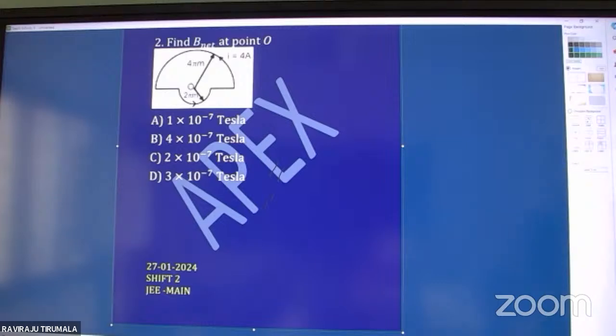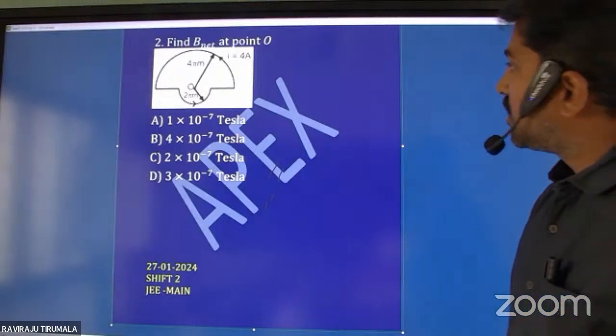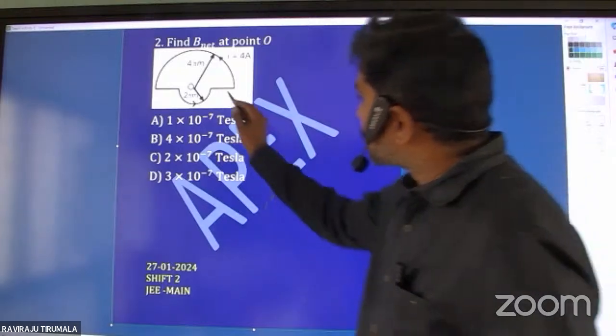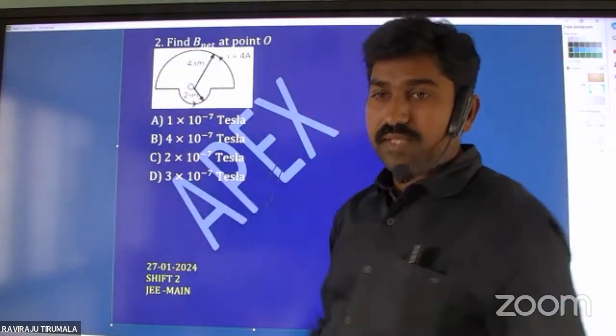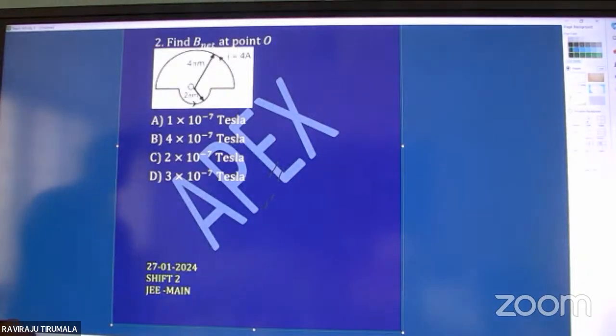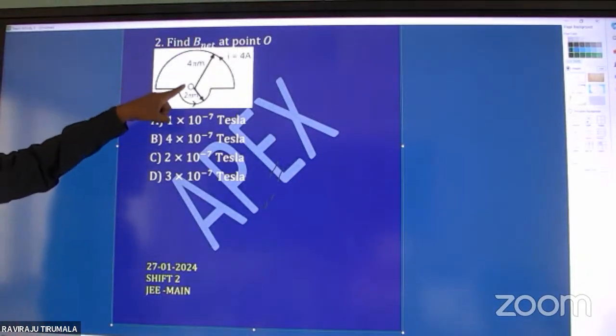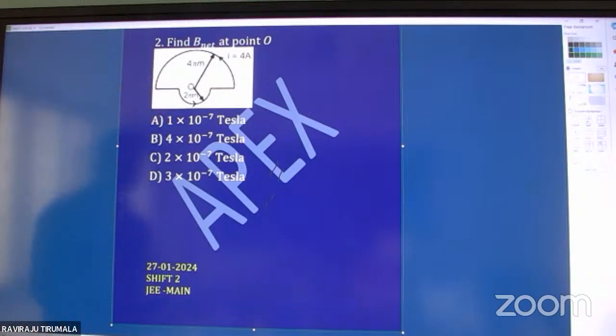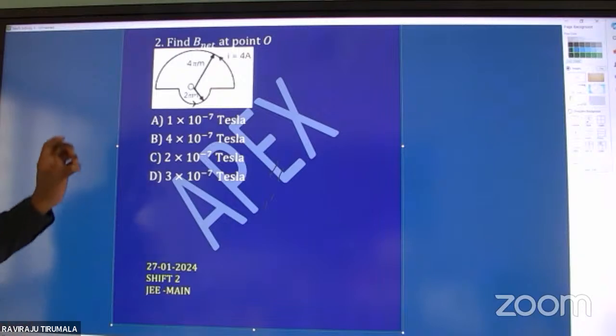So what type of different shapes are given here? A semicircular shape was given for 2 things, and of course 2 straight lines were also placed here. Finally, you have to find the net magnetic field at the center. Now, separately you calculate. In how many parts can we divide the whole diagram? 2 only.